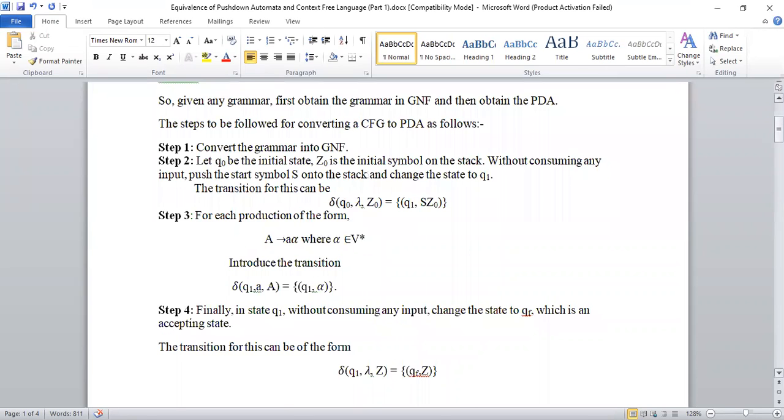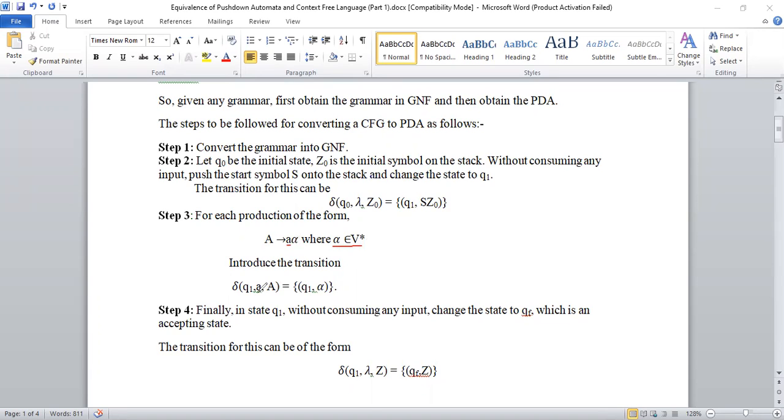Now step 3. If any production is of the form A to a alpha, that is in GNF form, where A belongs to variables, a belongs to sigma, and alpha belongs to variable closure, we can introduce the transition, that is delta. This is a terminal.